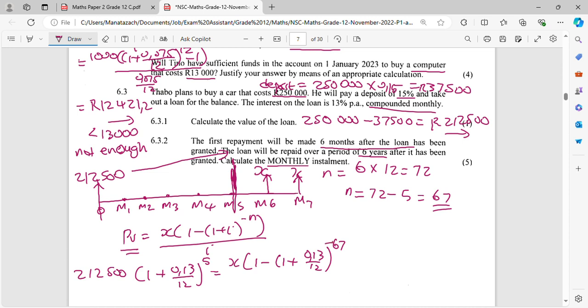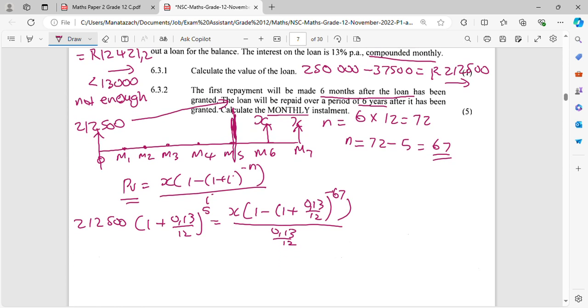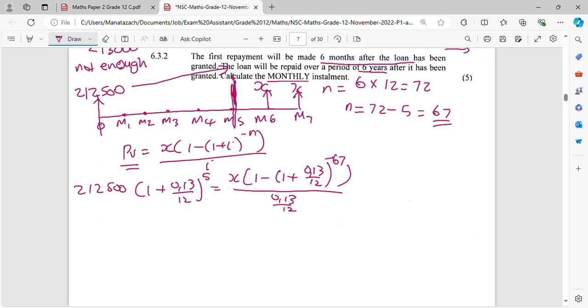So that's minus 67, just like that. Then I'll close the bracket from here, and then I'll divide it by 0.13 divided by 12. Now it's a matter of just solving for x, just basic mathematics.